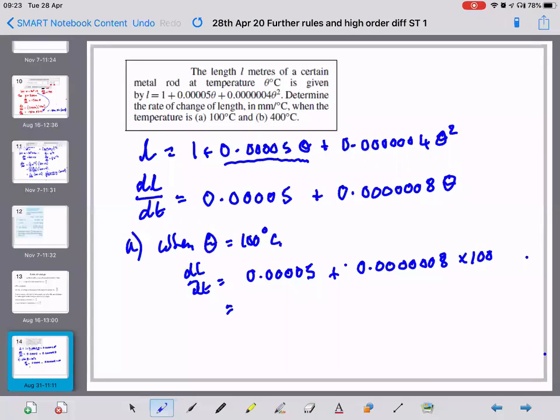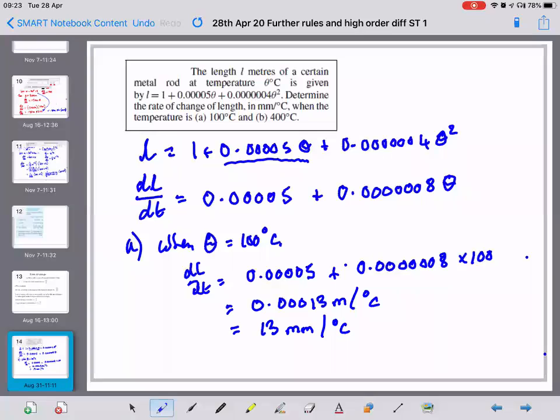That's equal to 0.00013 meters per degree C, which equals 13 millimeters per degree C.